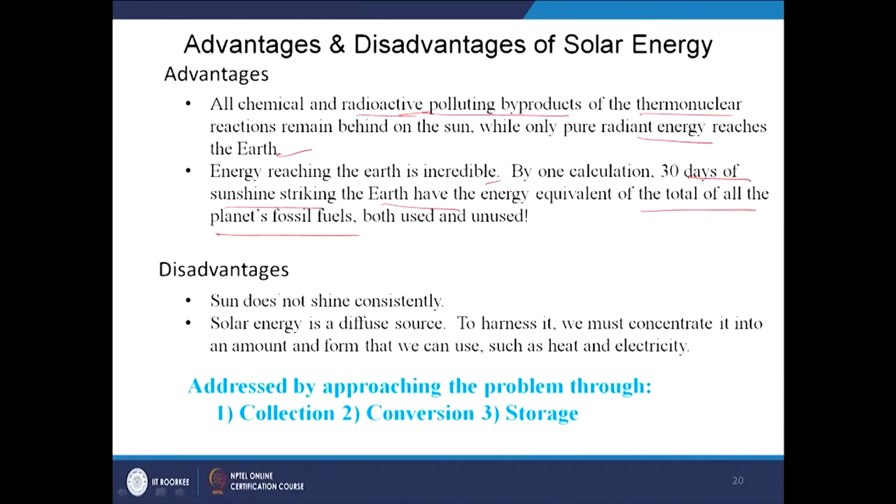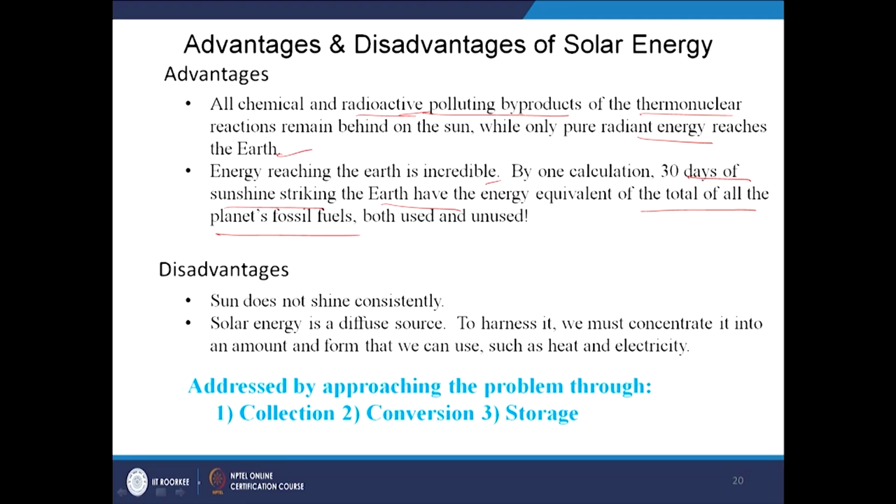It is a very good renewable source, it will never end, but it also has some disadvantages, because sunshine is not a continuous process, it is not consistent. There are clouds, there may be a rainy season, and at night time we will not get sunshine.